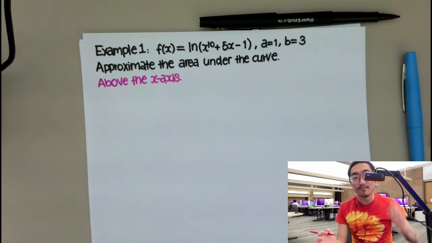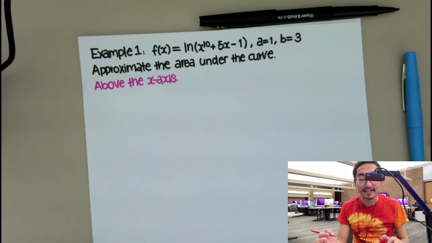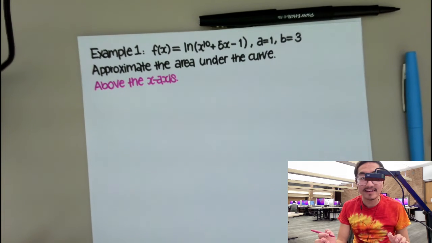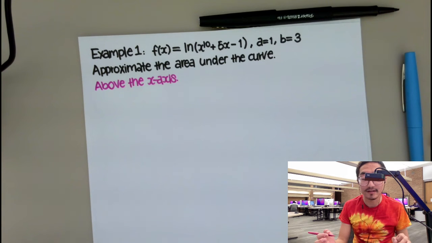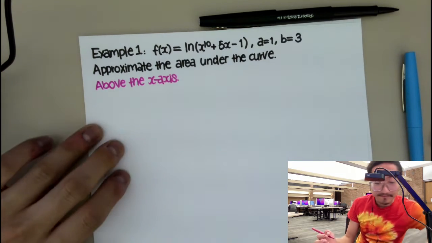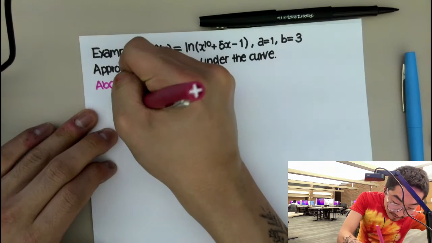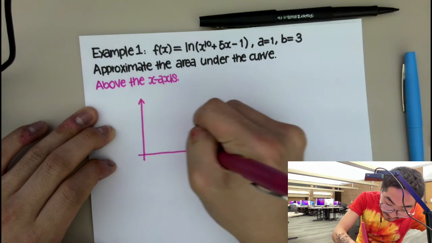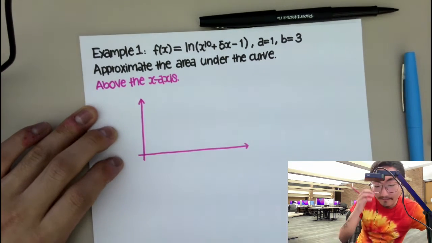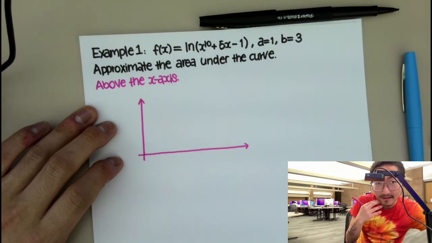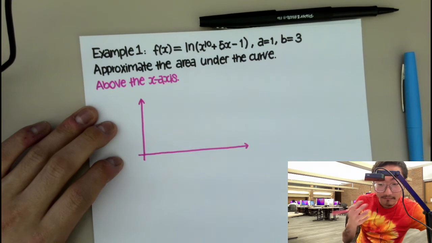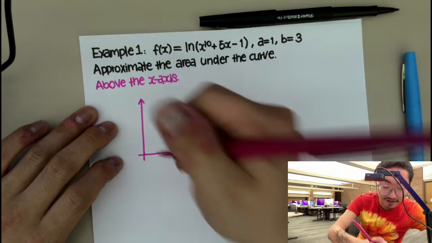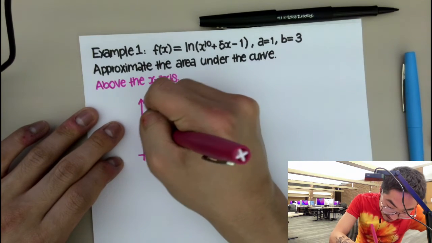This goes back to section 5.1, where we approximated basic integrals. From 1 to 3, we want to approximate this area.